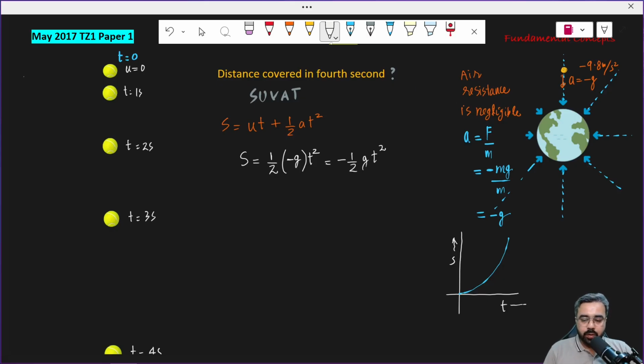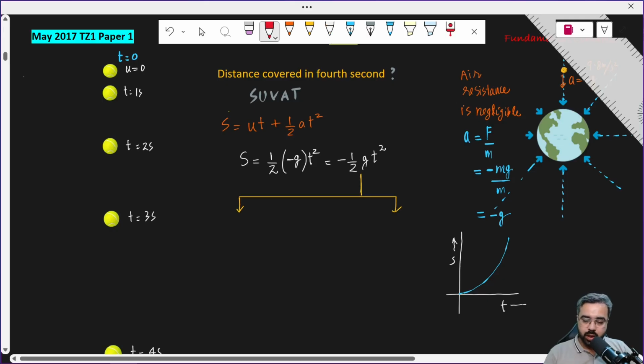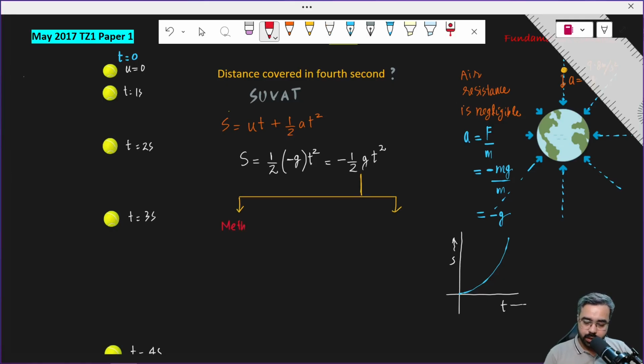So if you want to know the distance covered in the fourth second, there are two ways to prove it. Method one, dear students: we will calculate the distance covered in 3 seconds and the distance covered in 4 seconds, and then we will subtract.